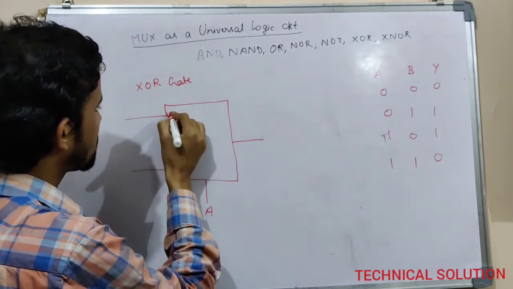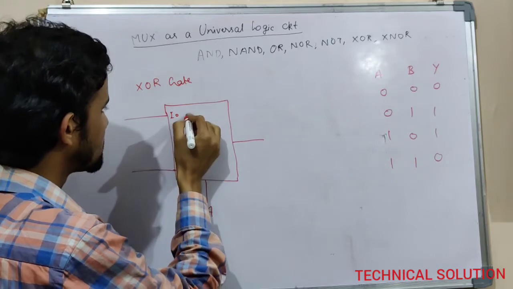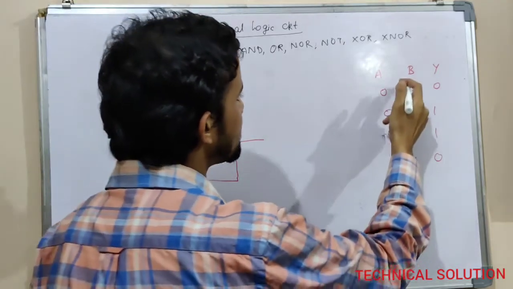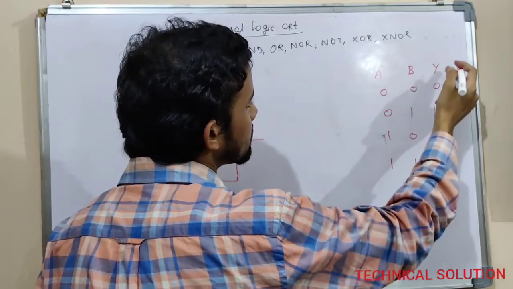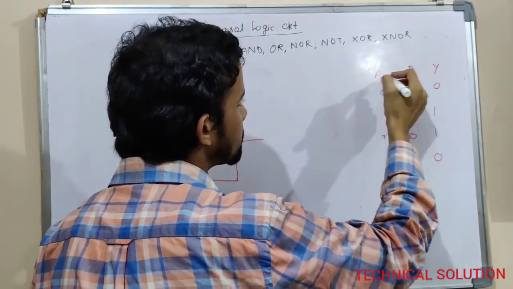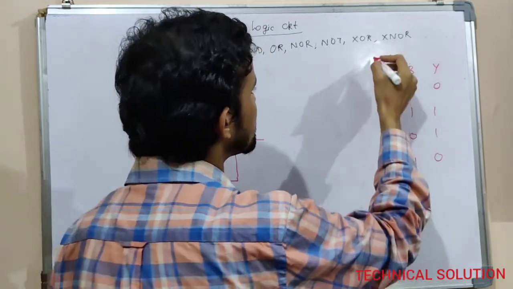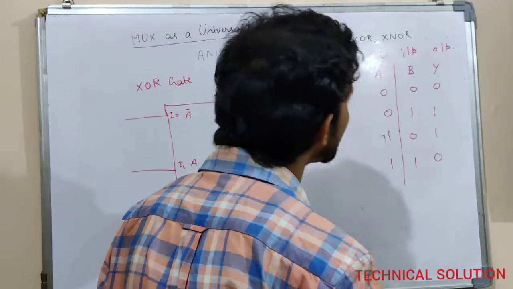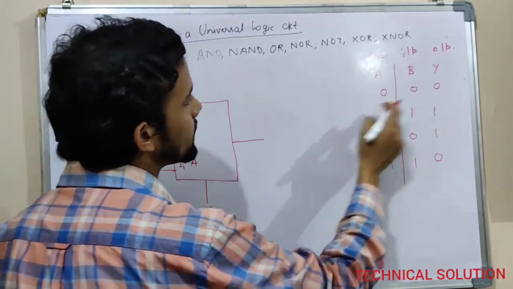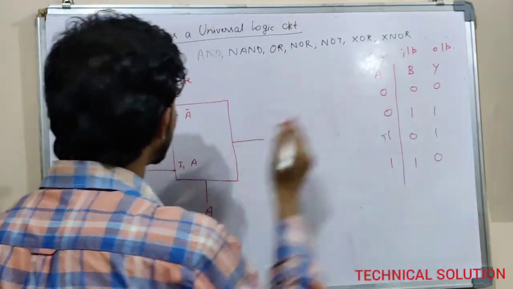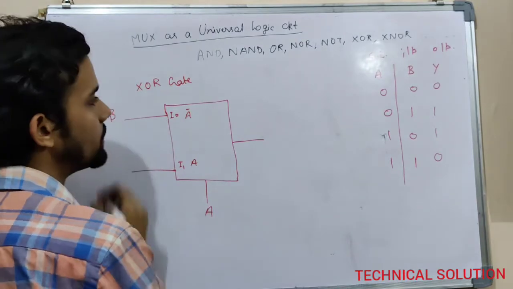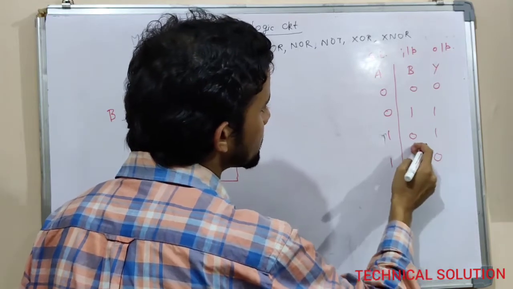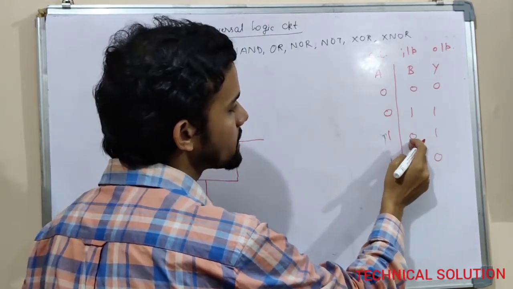So this is I0 and this is I1, and this is A bar, this is A. Okay, if this selection line is 0, then we get the output Y same as B. This is the selection line, this is input and this is output. If the selection line is 0, we get output same as B, so we write B here. If the selection line is 1, we get output as the inverse of this B. That is if it is 0, we get 1.